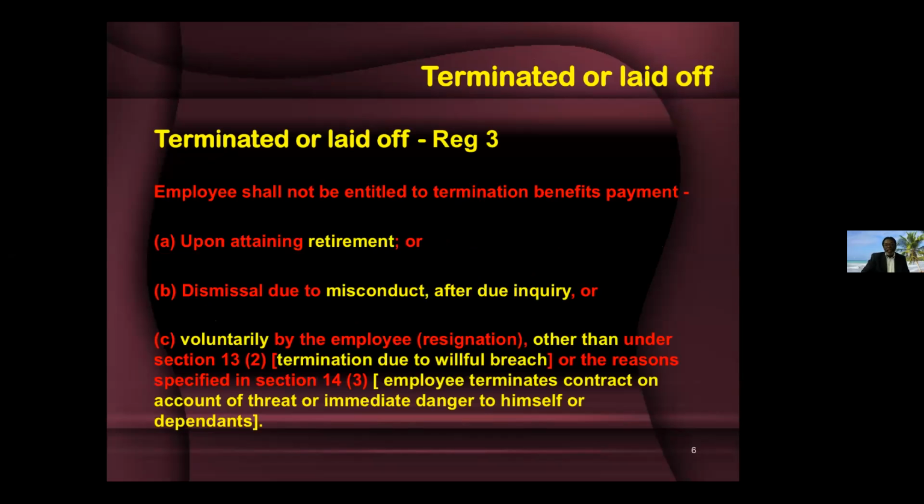It is stated an employee shall not be entitled to termination benefit payment if, number one, attaining retirement. And as we all know, we have the Minimum Retirement Age Act, which stipulates that employees are bound to retire at the age of 60, minimum age at 60.